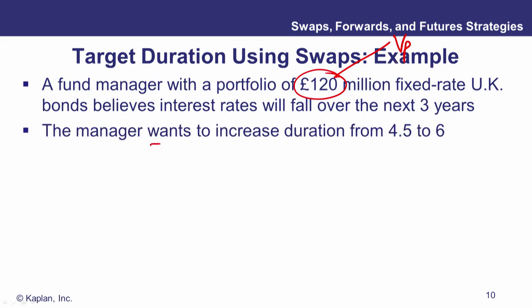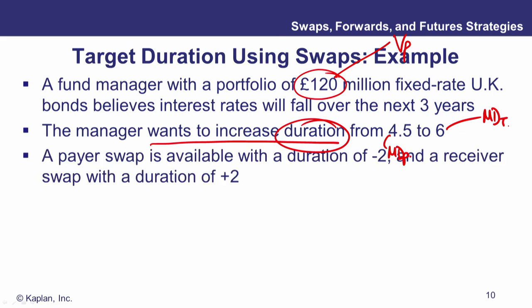The manager, there you go, wants to increase duration from 4.5, that's the modified duration of the current portfolio, to 6, that's your target modified duration. A payer swap is available. Let's just remove that scribbling so we can read it.